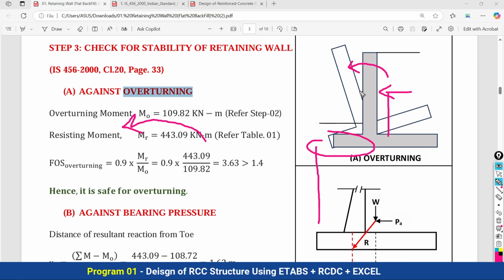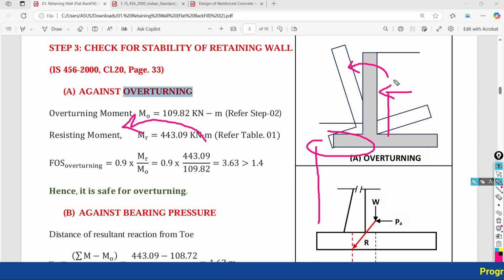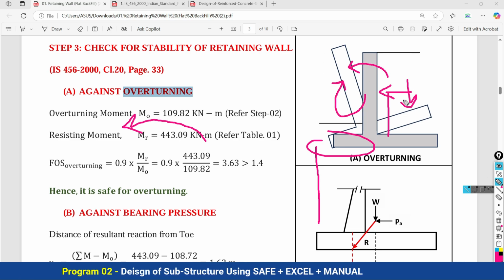So to prevent the tilting of your retaining wall, we have to ensure the restoring moment. The weight of the wall and the weight of the soil in the gravitational direction should act against the movement of the retaining wall due to this lateral load.